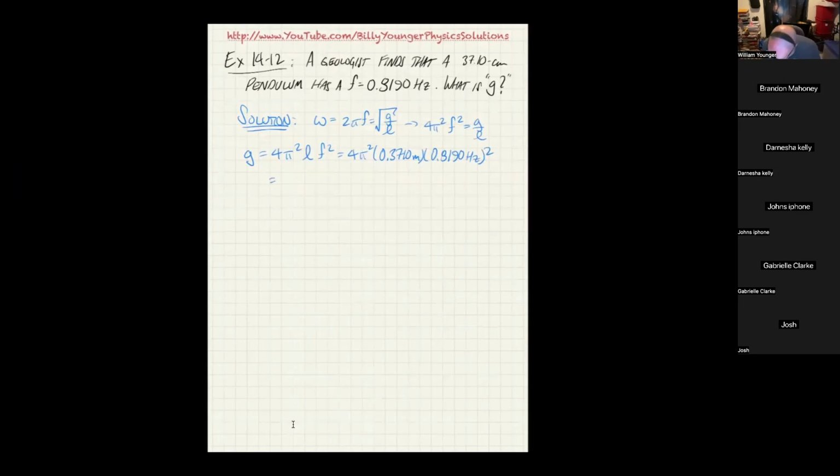And when I do this math, I'm going to say 4 times 3.14159 squared times 0.3710 times 0.8190 squared. And that gives me 9.8243. That's one extra sig fig, and that's in meters per second every second.